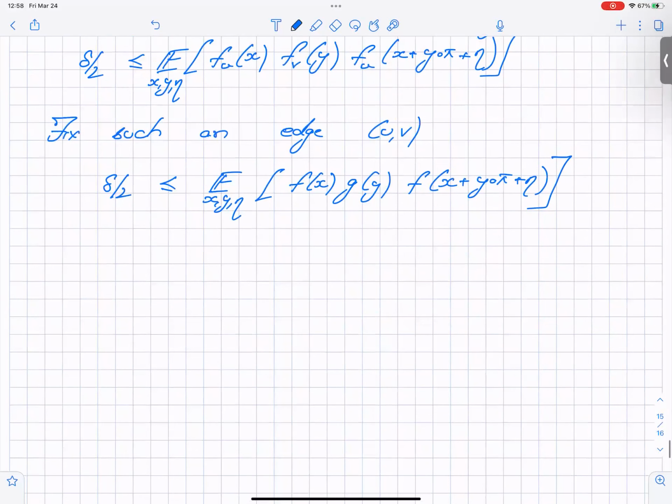So once again, open this out. This is the sum over alpha, beta, gamma of f hat alpha, g hat beta, f hat gamma.